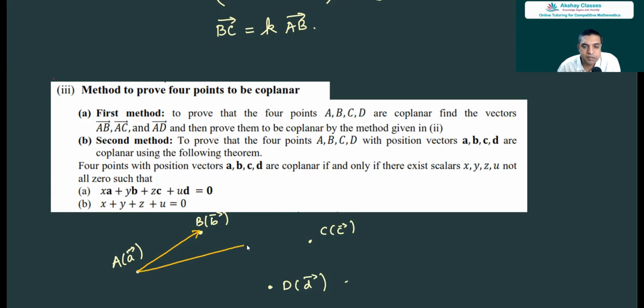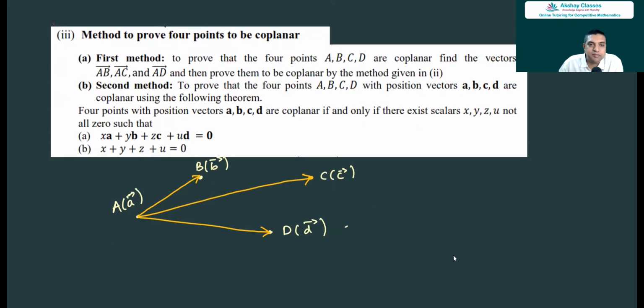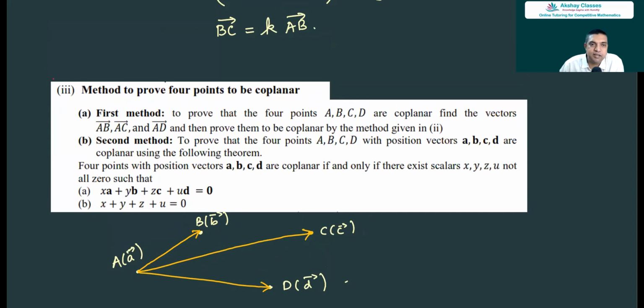AB bar, AC bar, let this point C be here, AD bar. Now these will be coplanar. So we can write, let's say, AC bar as a linear combination of AB bar and AD bar. If we can show this, then these are coplanar.